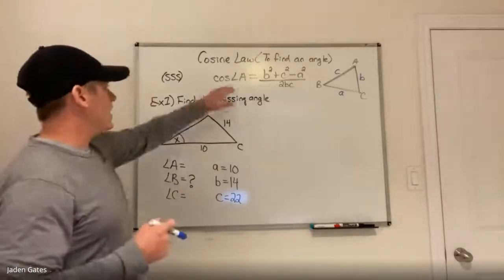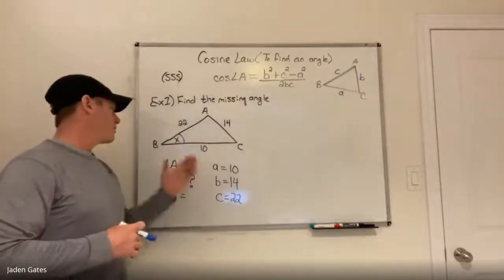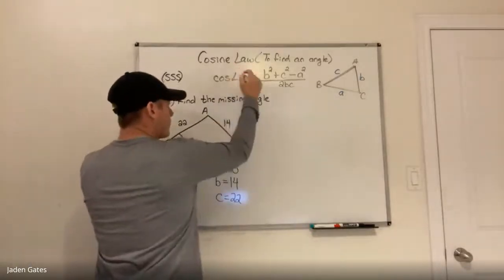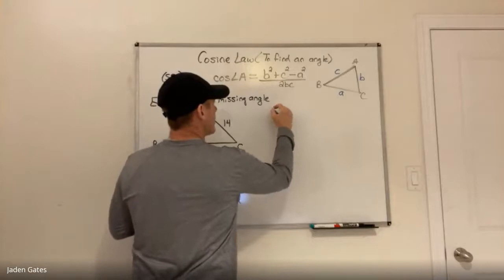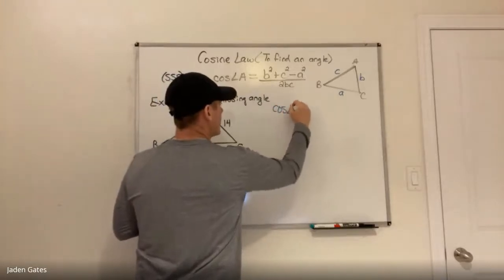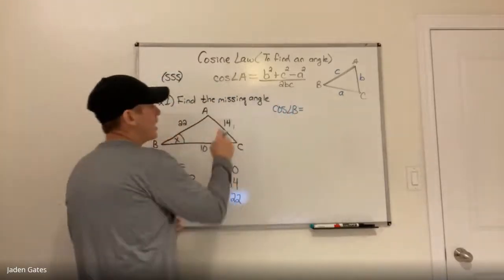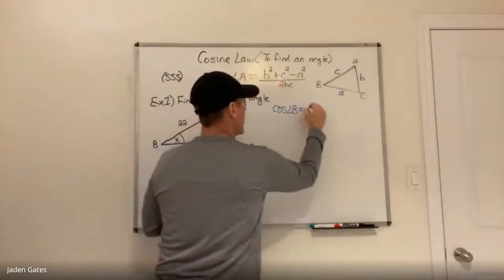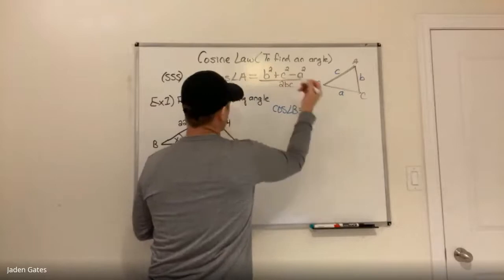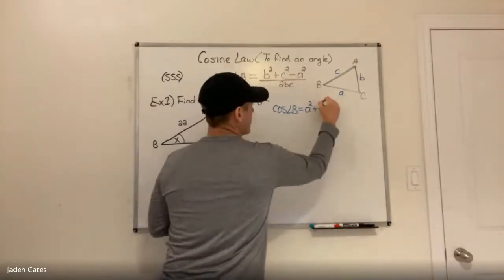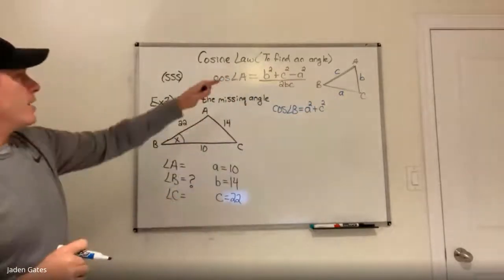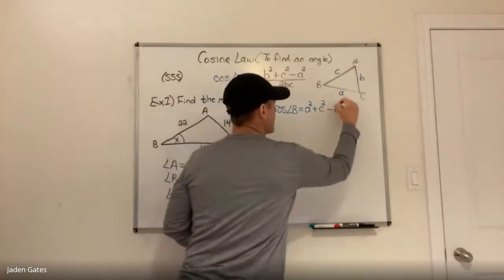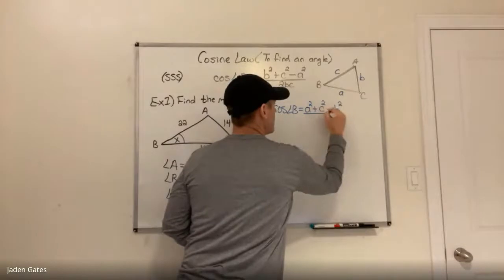All right, so to rewrite this formula to find angle B, I'm going to switch A's and B's. So instead of cosine angle A, I'm going to have cosine angle B. Instead of B squared, I'm going to have an A squared. C's I'm not doing anything with, so it's going to stay the same. The last part says minus A squared, so switching A's and B's, it's going to be minus B squared.